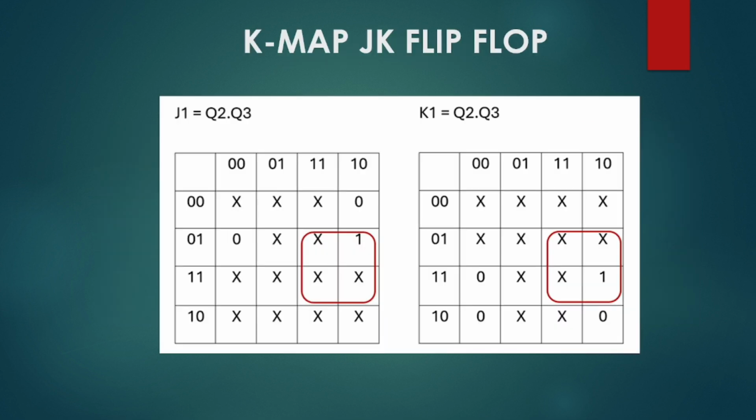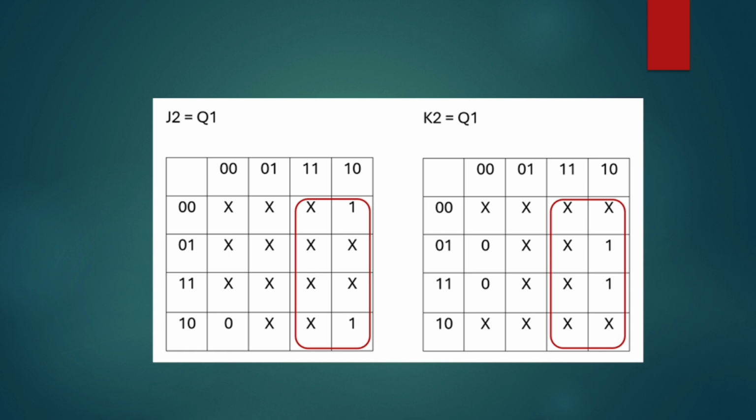So this is the K-map for the JK flip-flops that will be used to construct our board. Our inputs for K1 and J1 will be the same, which is Q2 and Q3. For our J2 and K2, also having the same input, which is Q1.